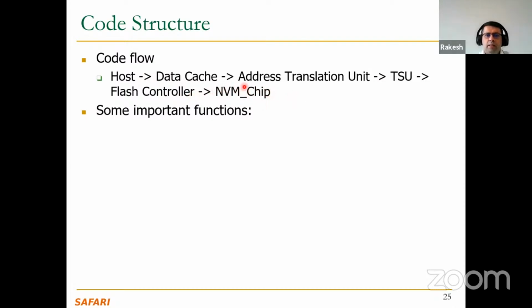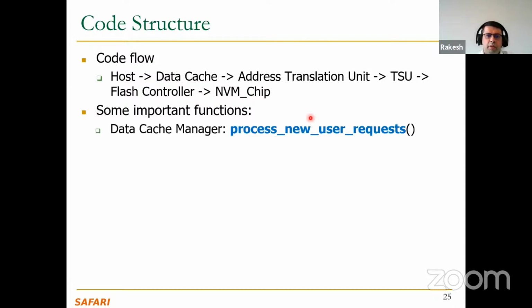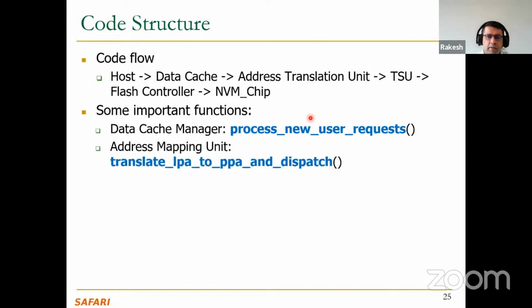And during the reverse, while reading the data from the NVM chip to the host, it follows the same steps in the reverse direction. So let's look at some of the important functions in each component. In the data cache manager, one needs to understand the process new user requests. And in the address mapping unit, we need to look at the translate LPA to PPA and dispatch.